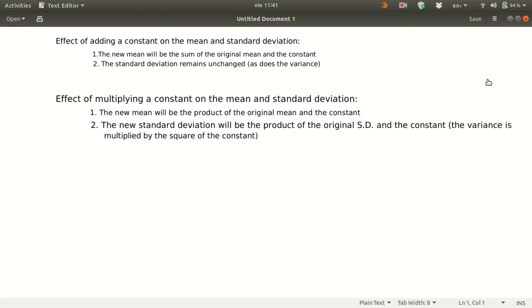The mean is also multiplied by the same constant, and the standard deviation is also multiplied by that constant. The variance, however, is multiplied by the square of that constant. Okay, so that is the reasoning behind the effects of changing a data set by a constant. Till next time.